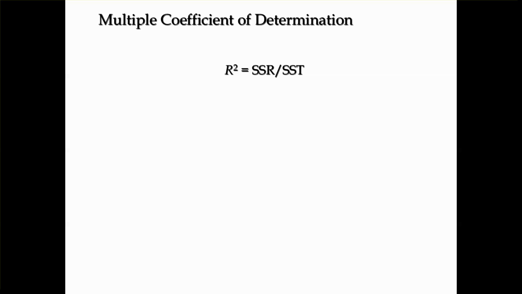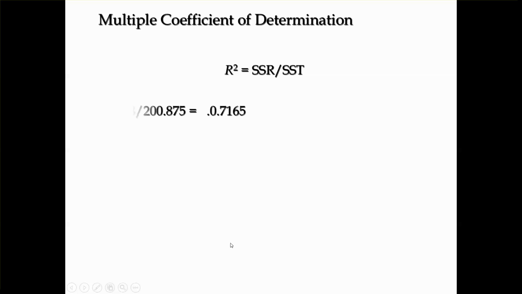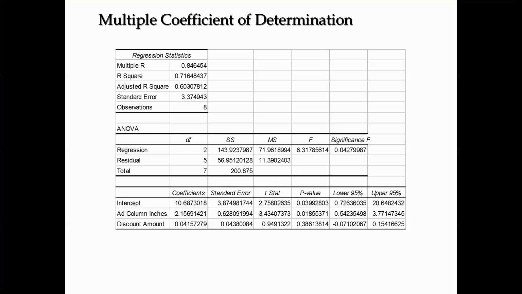Now let's go back to our original Excel output. You can find the R square here, 0.7164, which is exactly what we got. So instead of doing the calculation, Excel tells us the coefficient of determination in the first part of the output, the regression statistics. The R square here is our coefficient of determination.